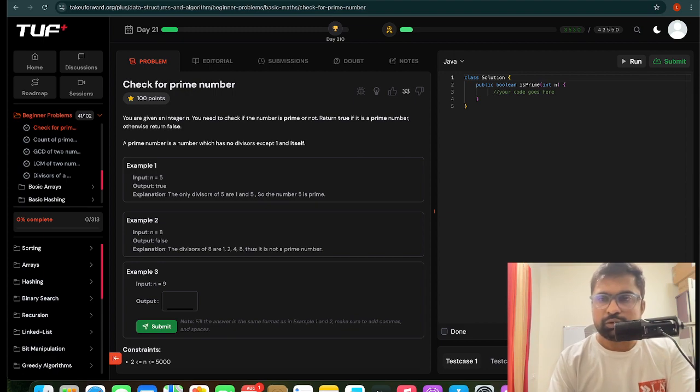In this loop we'll check whether it's a divisor or not: n1 modulo i equal to 0 and n2 modulo i equal to 0. Then we'll set GCD equal to i, and we'll return GCD.